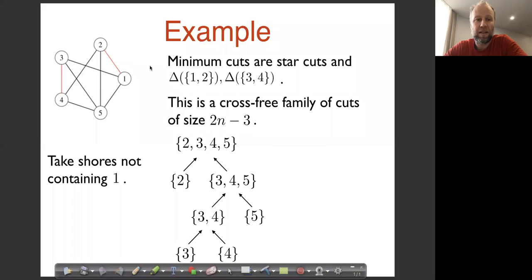So this is a shore for my cut 1, 2 here, etc. So you see here the tree-like decomposition, and let's see, we have a graph on 5 vertices. So 2n minus 3 is 7, and indeed we have 7 sets here. So we actually achieve this upper bound.